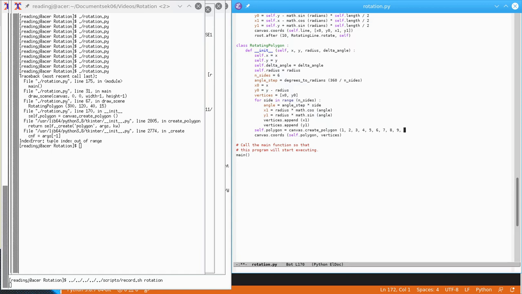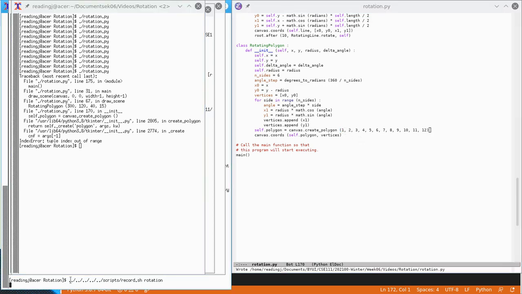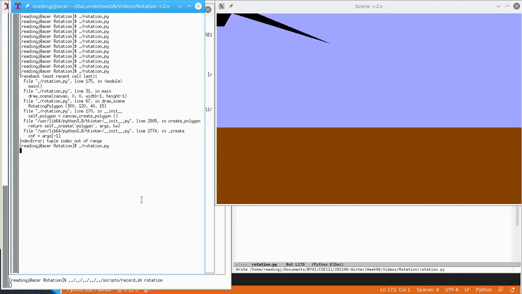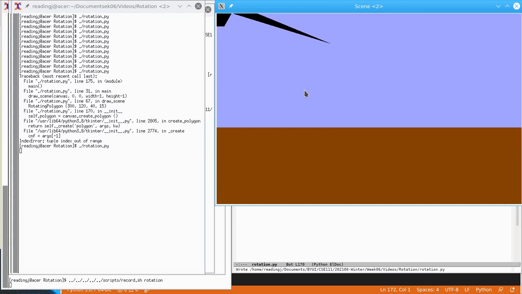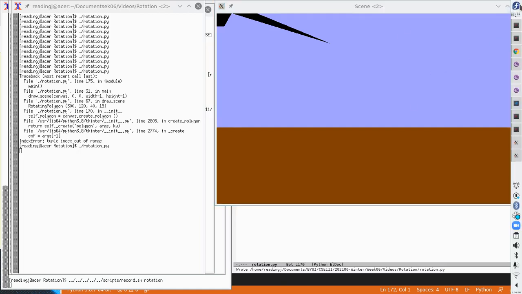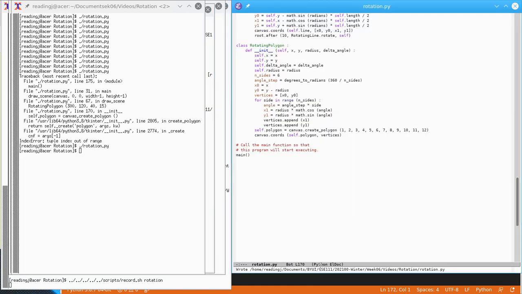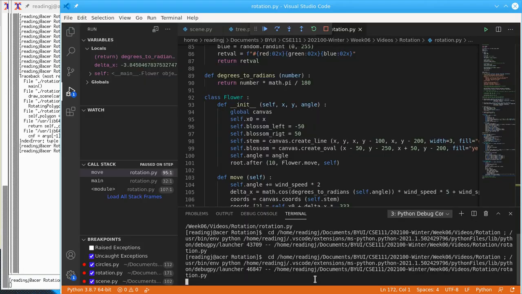So I'm just giving it random numbers for the vertices. And then I can set the coordinates this way, I hope. Let's see what happens. Well, not quite what I was hoping for, but at least it's something. I think we're going to have to go into the debugger now to see what went wrong.